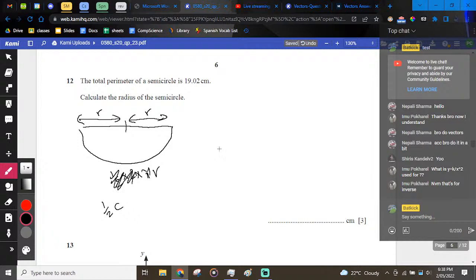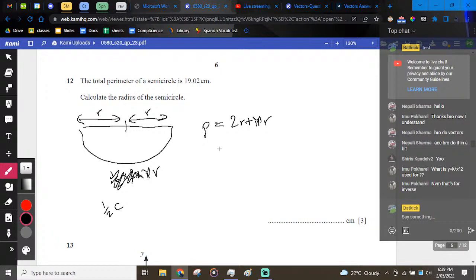The halves and 2s cancel out, so it's just pi r. Therefore, the total perimeter, P, is equal to 2r plus pi r. Is that right? Okay, 2r plus pi r.